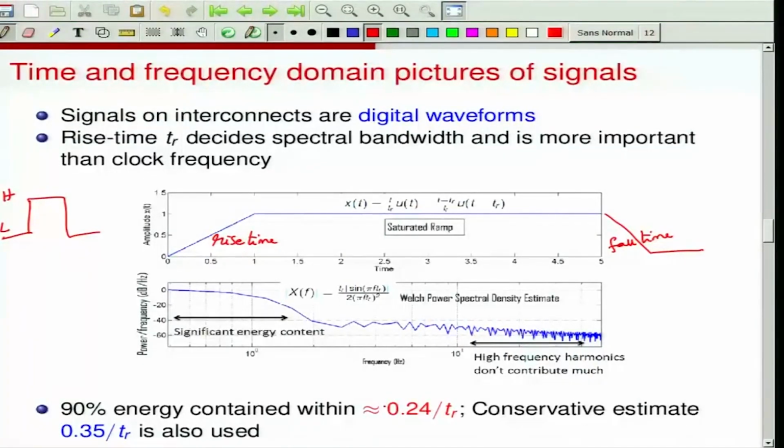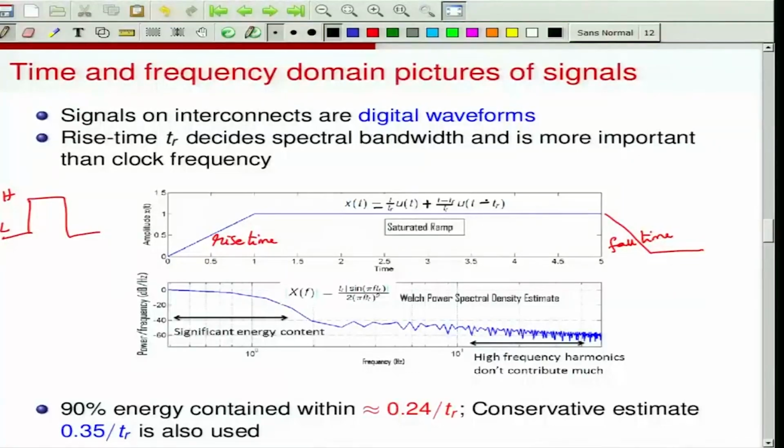So you can see here that for a saturated ramp with some rise time, the expression for this time domain signal can be written as x of t equals (t by tr) u of t plus ((t minus tr) by tr) u of t minus tr.